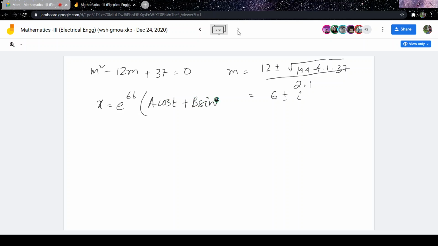You know, if the roots are complex, then your solution will be like this. So this will be x. So you know your dx/dt, and you will substitute x and dx/dt in the given equation, and you will get your y.